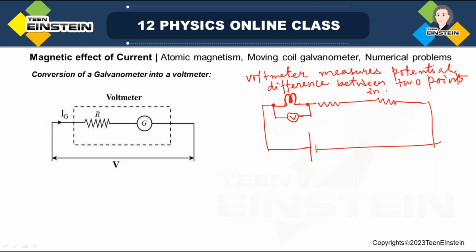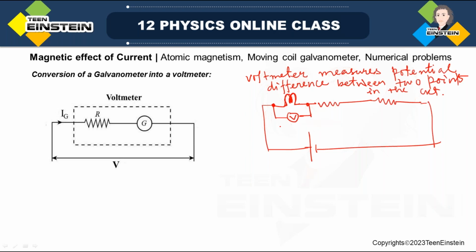Look here, since it is connected in parallel with the circuit, the potential difference is intended to be measured here.